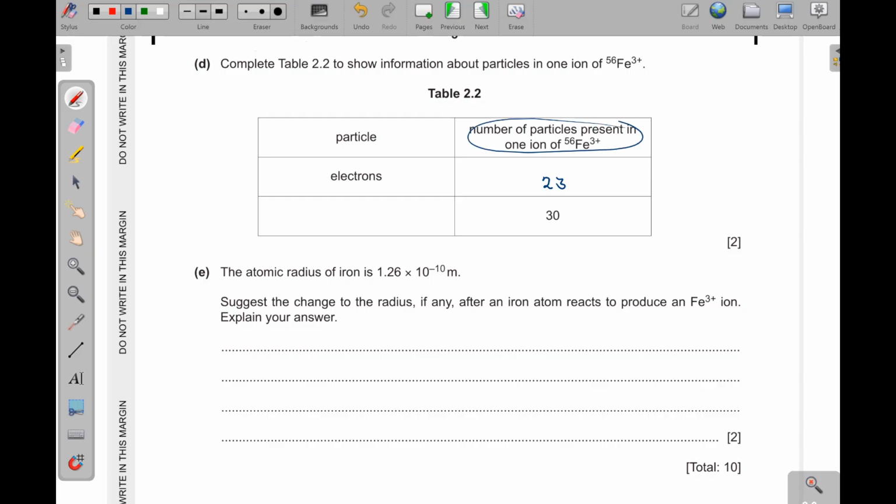Then here they are saying that the number of particles in there, if they are 30. Now let's look at iron. Iron 56. Then of course this is 26 here. So if we get 56, then minus 26, this one gives us 30. Which number is here?